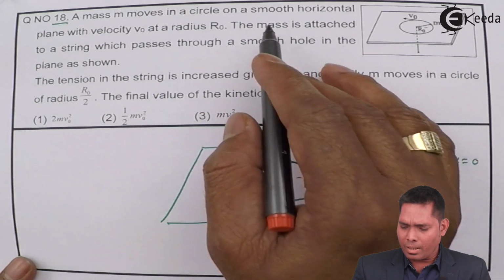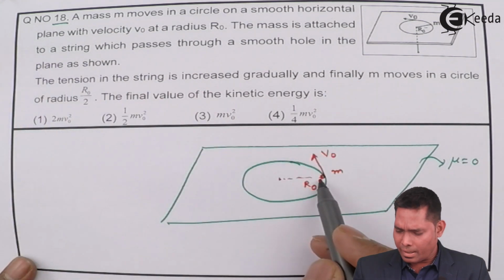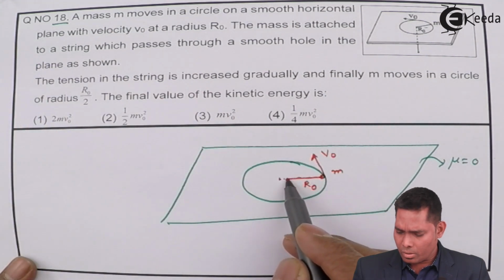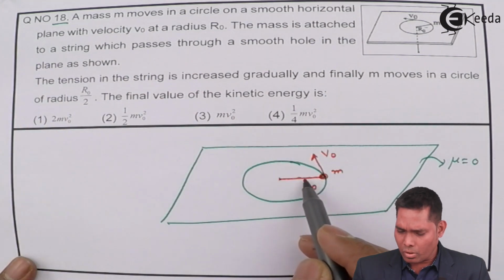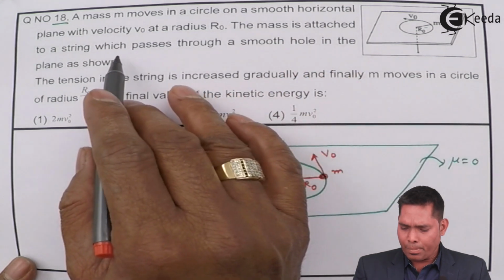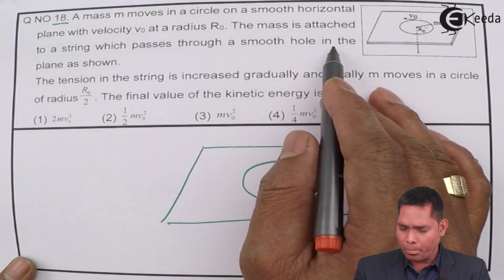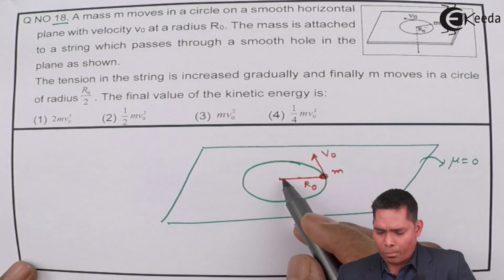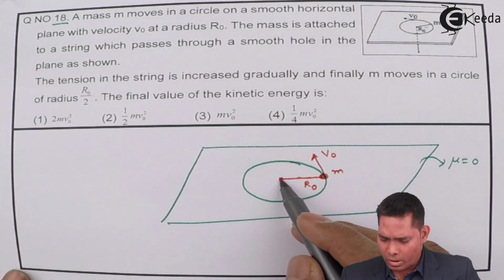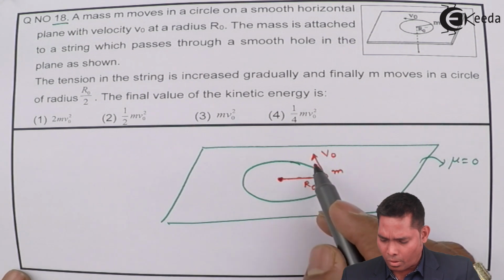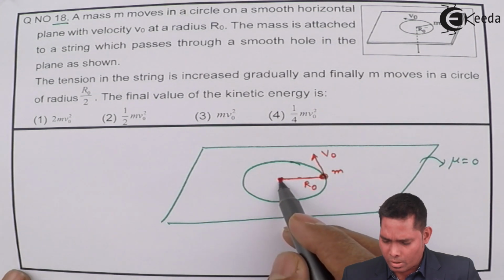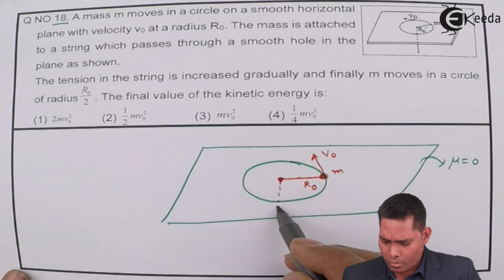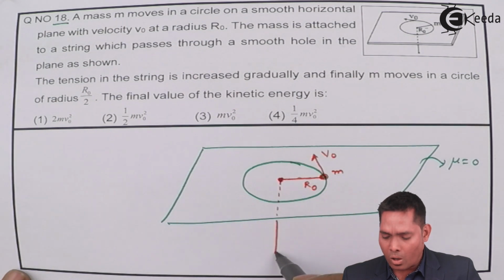Speed is v naught. The mass is attached to a string which passes through a small hole in the plane. From the center there is a hole on the surface, and through it a thread goes down.